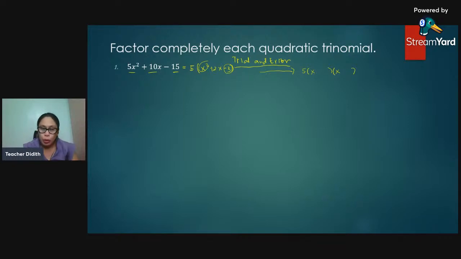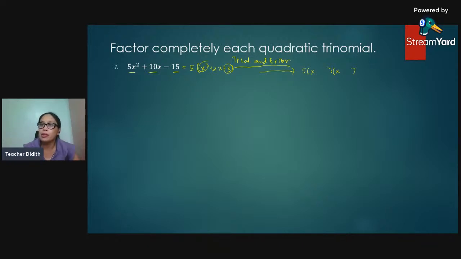Okay? And take note that we are working on multiplication. So if we're thinking of factors for negative 3, one factor must be positive, the other one negative. So maybe we can consider either 1 and negative 3, or negative 1 and positive 3. But never should both factors be negative.